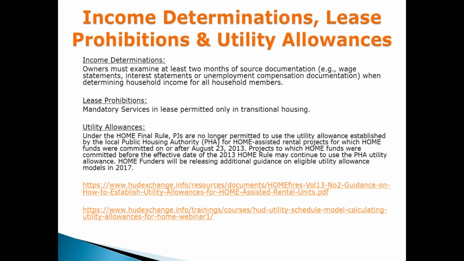Many of them align with the different alternative models that the Finance Commission permits, so that's a good thing, but it does mean that we just need to be a little more aware, and it isn't going to be as simple as just printing out the Public Housing Authority utility allowance and plugging those in.